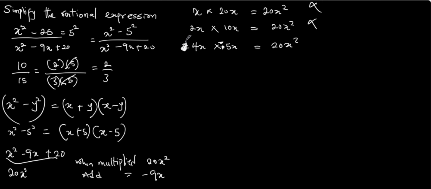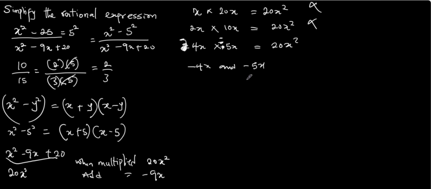So obviously, if you look at it clearly, you will notice that we need to use negative and negative, because negative times negative will give me positive 20x squared, right? And also minus 4x minus 5x will give me minus 9x. So the two numbers are minus 4x and minus 5x.